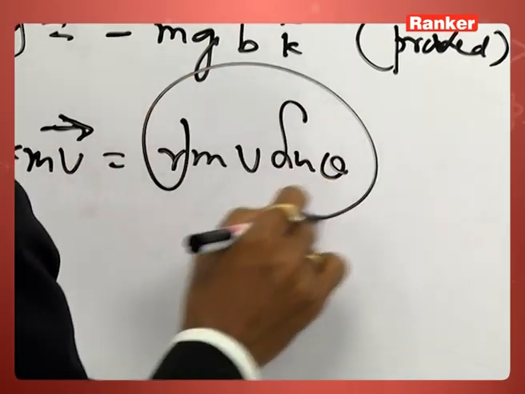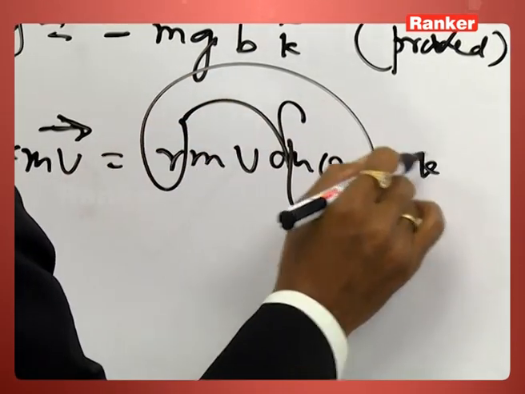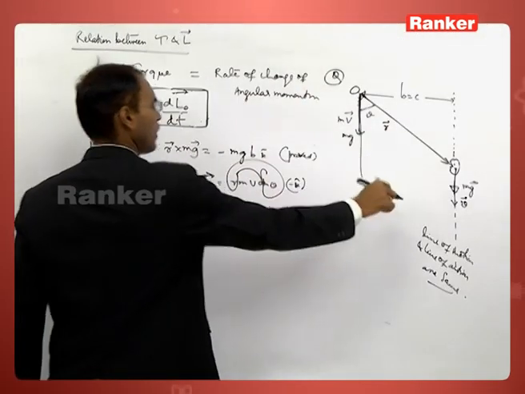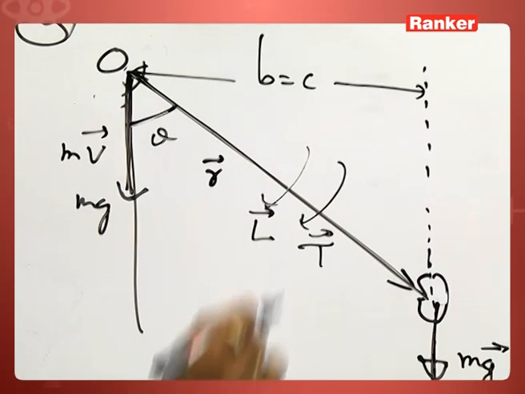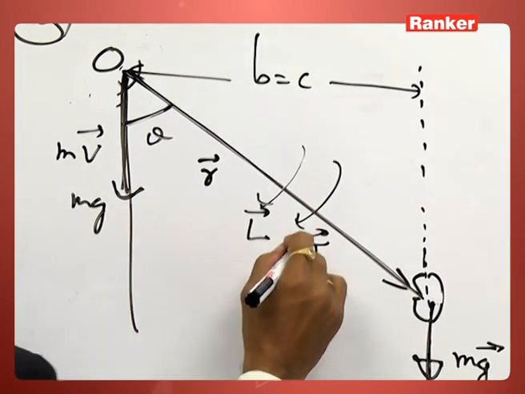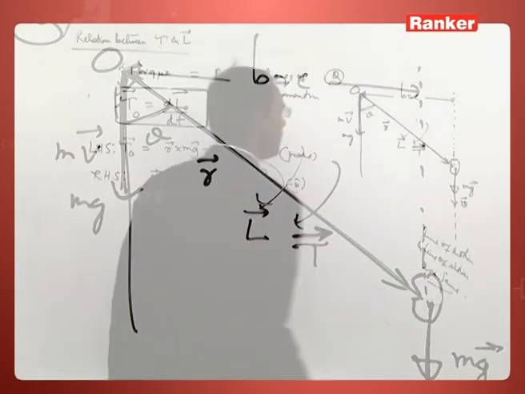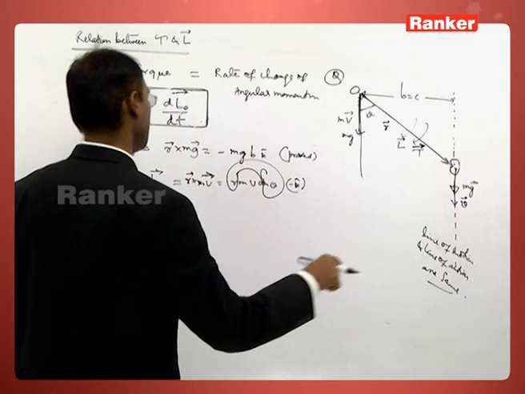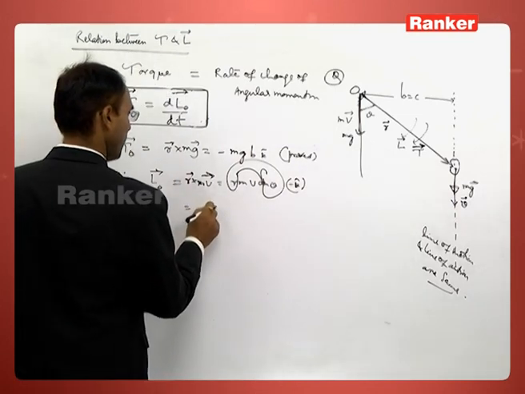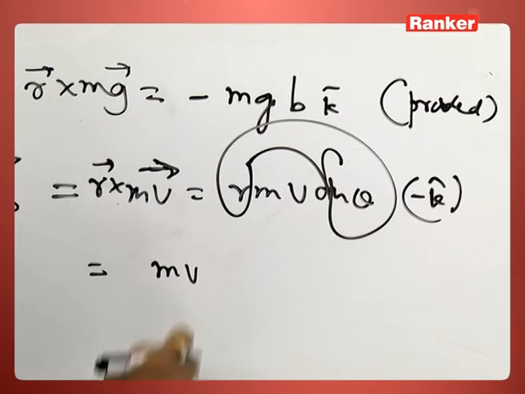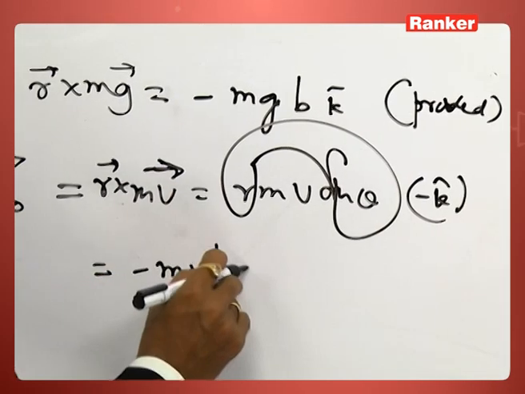R sin theta in which direction? Minus k direction, or clockwise. Both angular momentum and the torque are pointing in clockwise sense or in negative z direction, is equal to mv. R sin theta can be written as B, minus k direction.